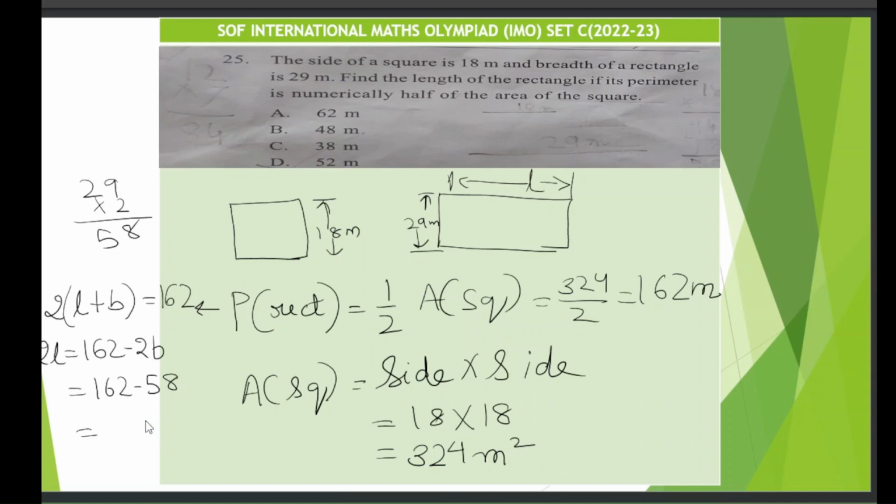So if I subtract this, what will be the value? 12 minus 8 is 4, 5 minus 5 is 0, and then 104. Now the length will be divided by 2 because 2 is here, right? So this 2, if it comes to this side, it will divide. So length becomes 52 meter. Okay, this much calculation you need to do correctly to understand the answer for this question. So for question number 25, option D is the answer.